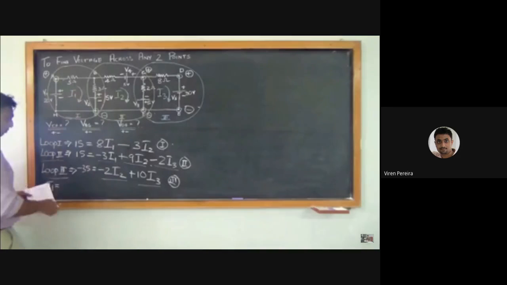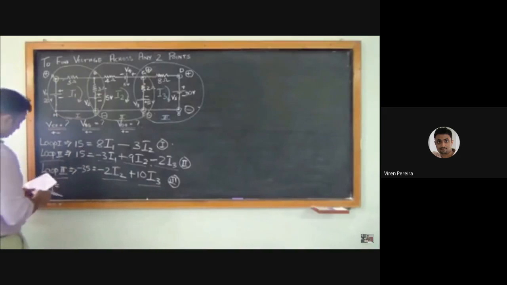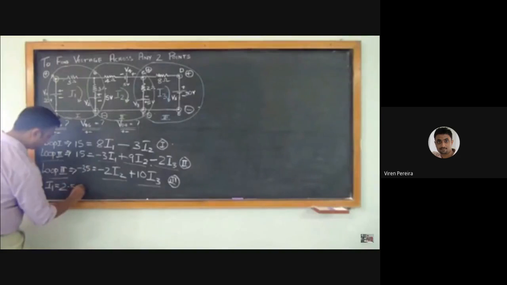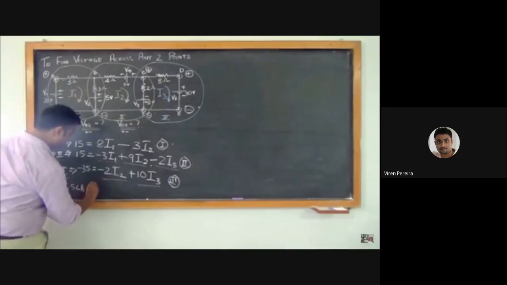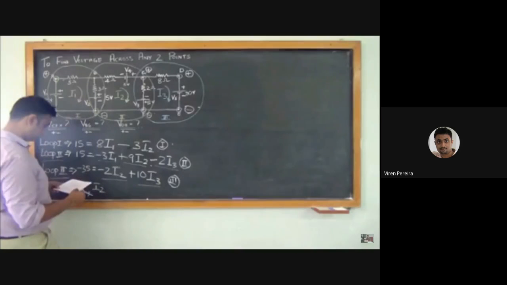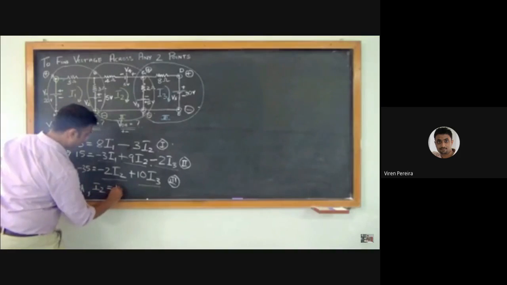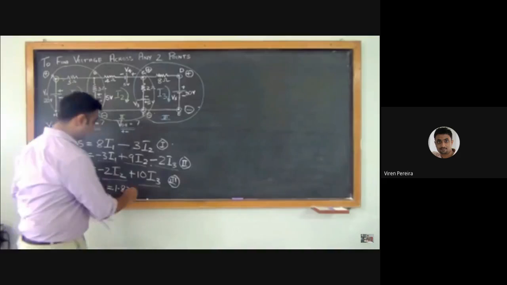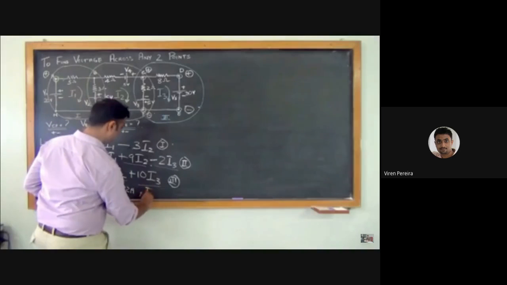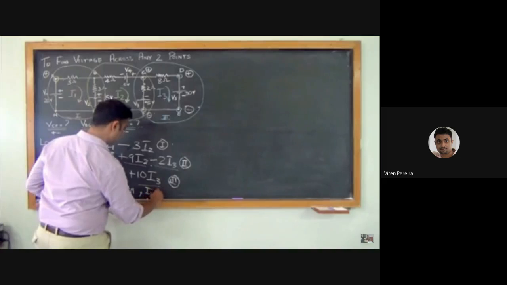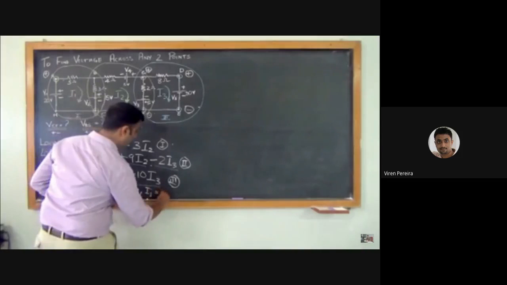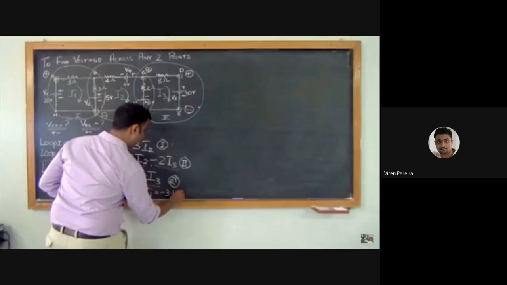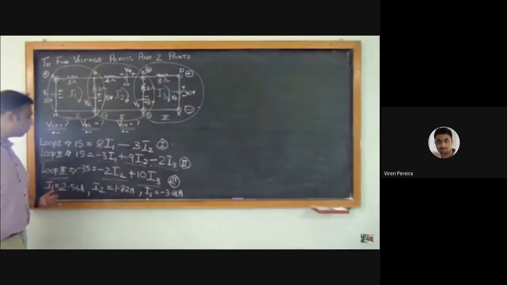So once you input these values in your calculator, you will get the value of I1 as 2.56 amps, I2 as 1.82 amps, and I3 as minus 3.14 amps.